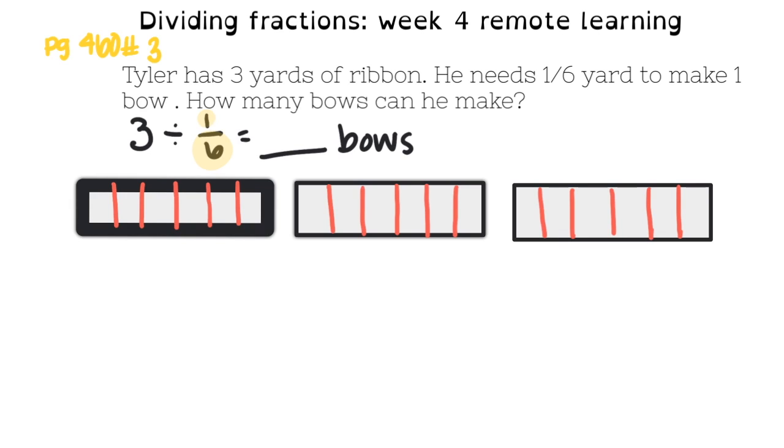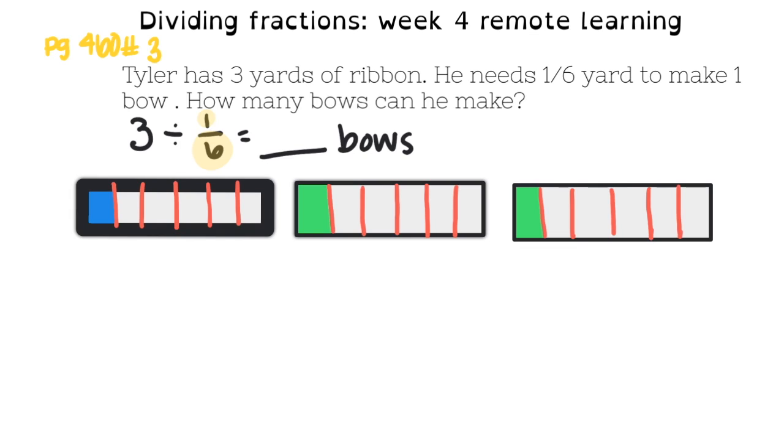Okay, so now I want to find out how many bows can he make. So I know that each bow is the equivalent of 1/6, right? And I can see that 1/6 gives me 1 bow. So now I can begin to count how many bows I can make.